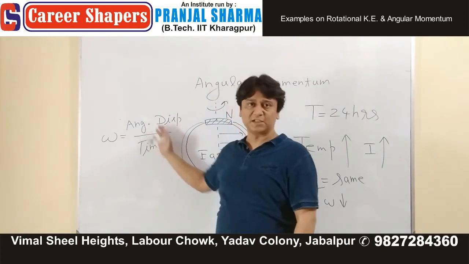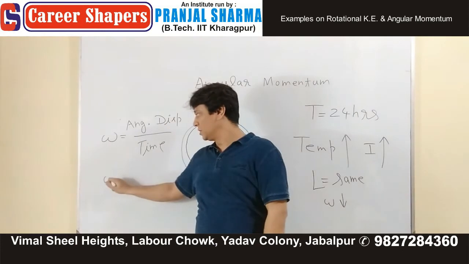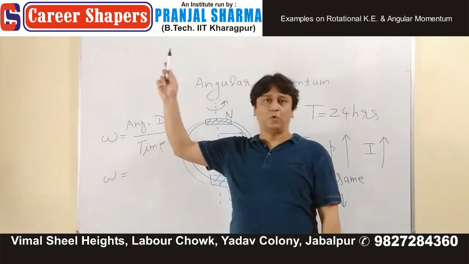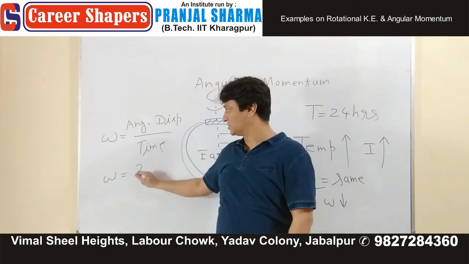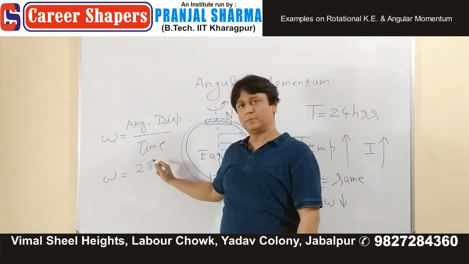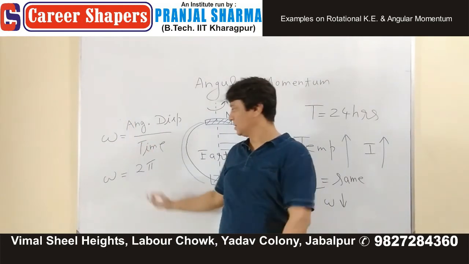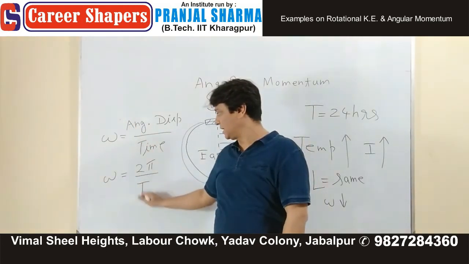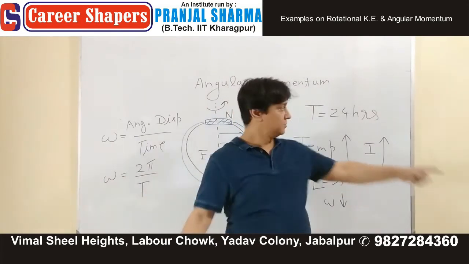Speed is distance upon time. Angular speed is angular displacement upon time. One complete rotation means how much angular displacement? 2 pi. One rotation, 2 pi, 360 divided by t. This t is time.